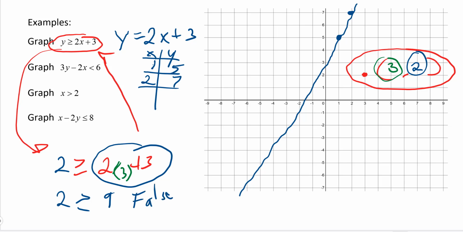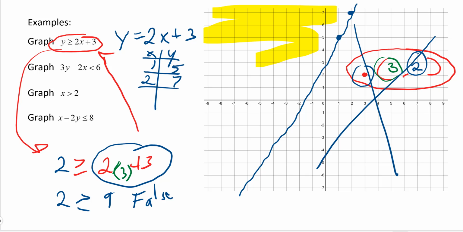Okay. Here's what happens if you get an answer of false. If you get an answer of false, that means this point is not part of our answer, and the entire half of the graph it came from is not part of our answer, and that means our answer is everything on this side.